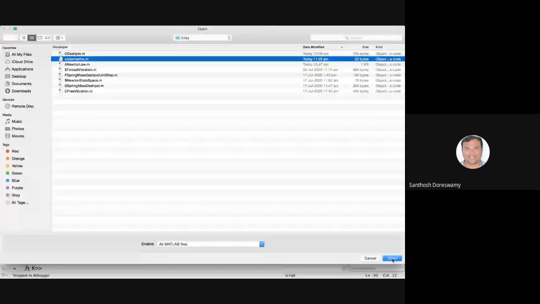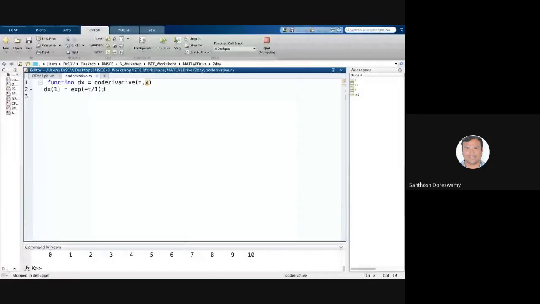Here the derivative, dx by dt, is equal to the force value in time, which is given as an expression: exp of minus t by 1, where the dashpot constant was 1. So I make a function dx with arguments t and x, and the first element of the vector is the derivative given by exp of minus t by 1.